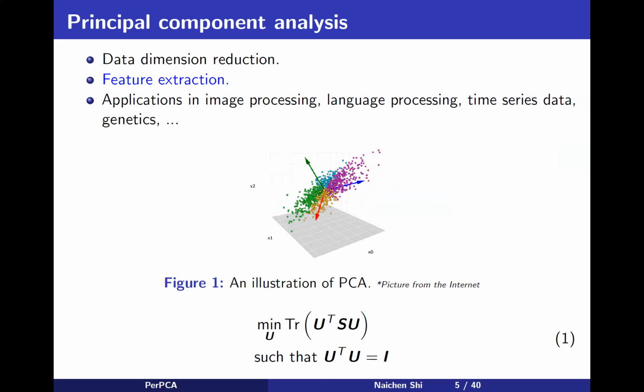Since this is based on PCA, we can have a very high-level overview of this method, principal component analysis, which is an unsupervised statistical learning method for data dimension reduction and feature extraction.